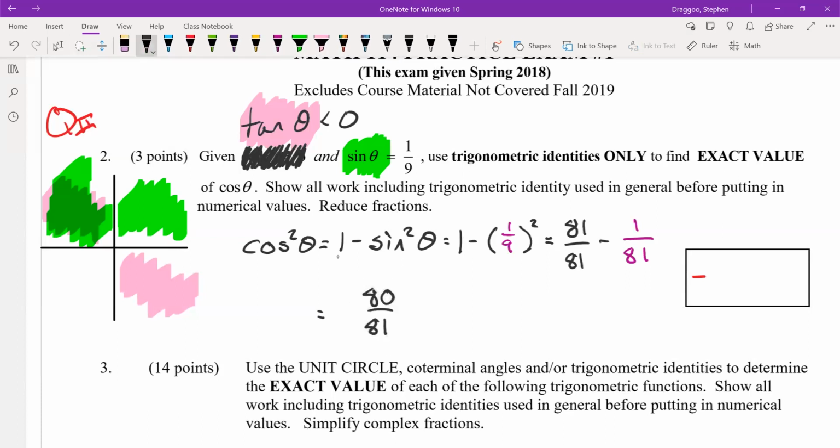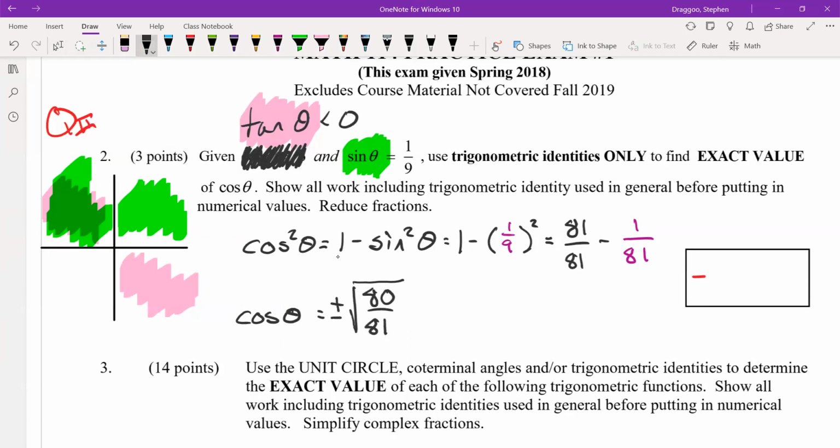Make myself a little bit more space here. All right, since that's what my expression would simplify to, now I want to get just cosine of theta, which means I'll need to take a square root of both sides. The square root of 80 over 81 I'll simplify in a moment. But because I'm taking the square root of cosine squared, I should have a plus or minus show up.